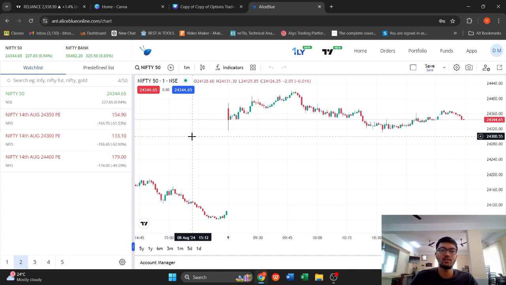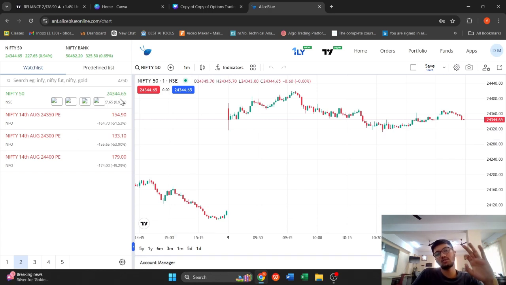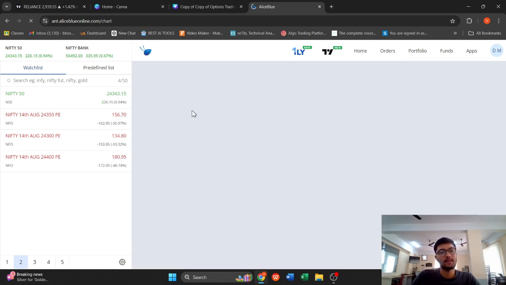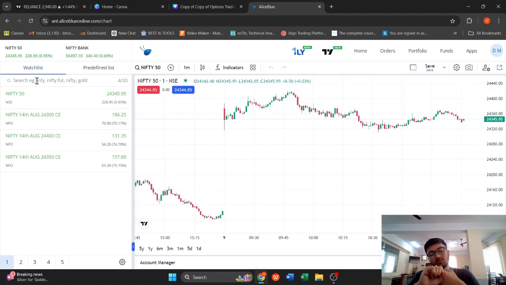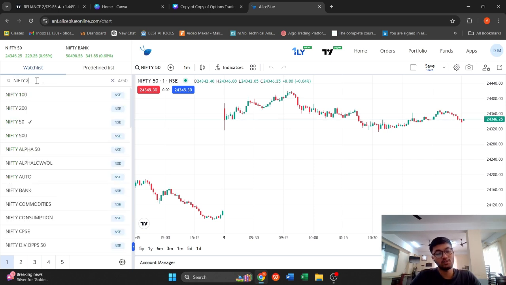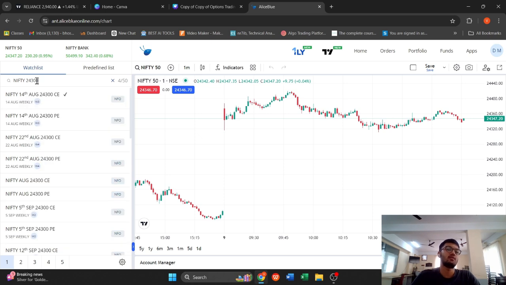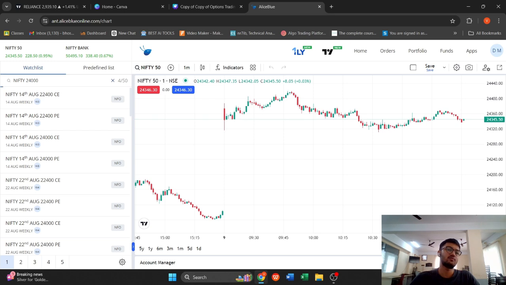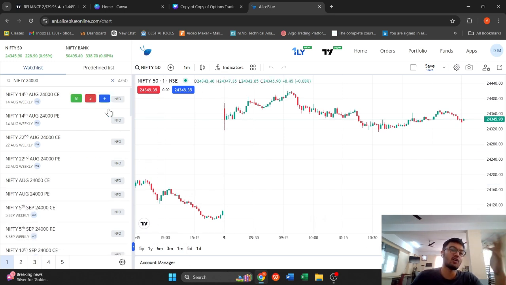Again, we'll go to Alice Blue and then understand. Nifty is currently trading at 24,344. What will be deep in the money in case of a call option? Let's say 24,000 will be deep in the money, 24,300 will be in the money.